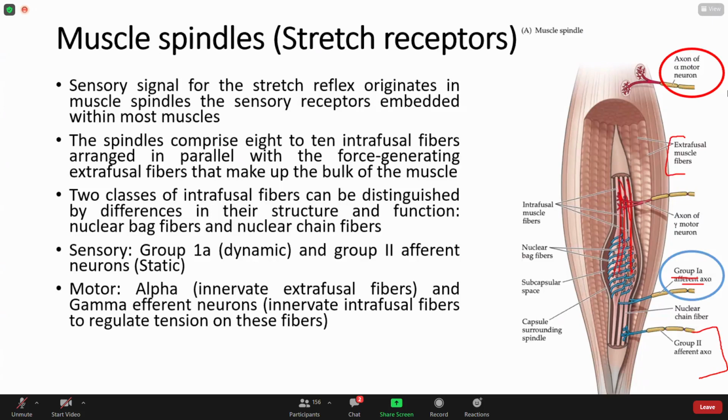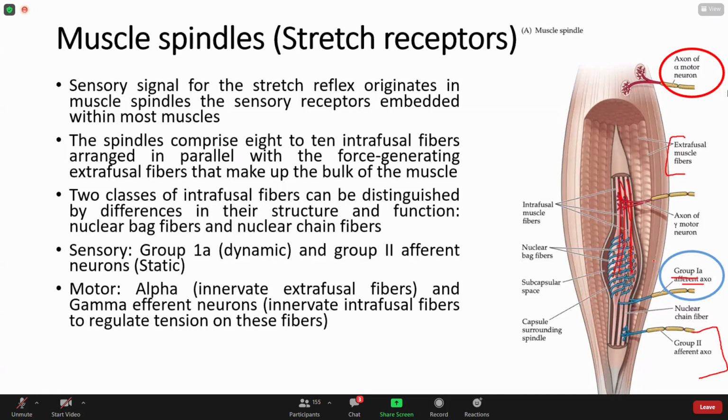So group 1A mainly detects dynamic changes: the stretch of the muscle, the direction, and the speed of the movement of the muscle are detected by group 1A, while group 2 is constantly active to report the static position of the muscle.